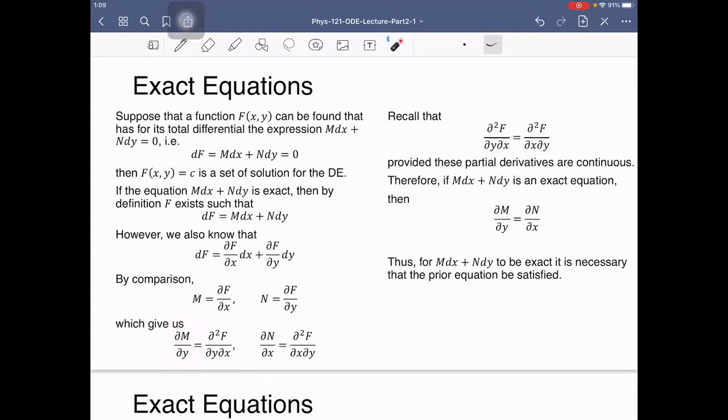If we take that, kunin mo na yung partial na ito with respect to y, so magiging siyang second partial derivative of f with partial y partial x. And then ito magiging yung n, partial derivative of n with respect to x is partial squared of f over partial x partial y.